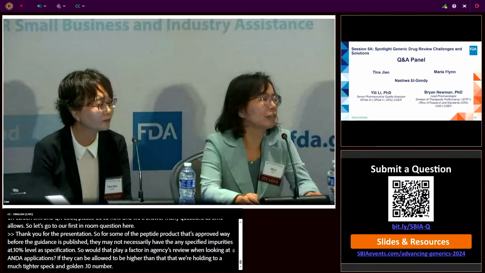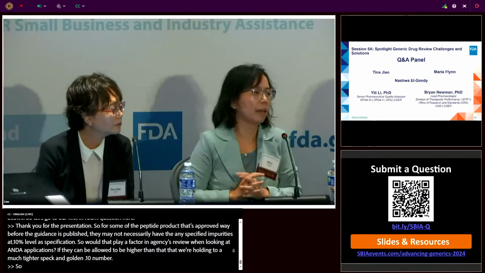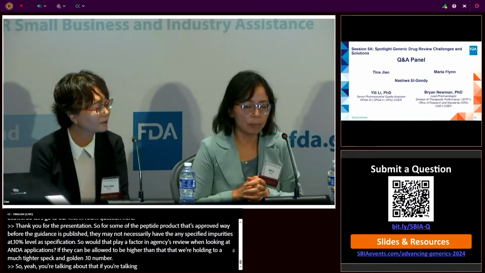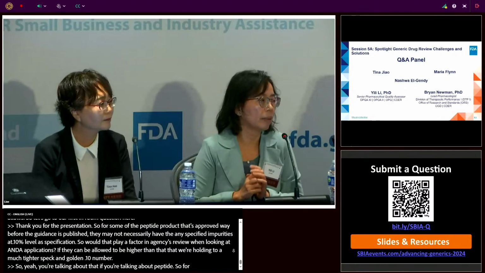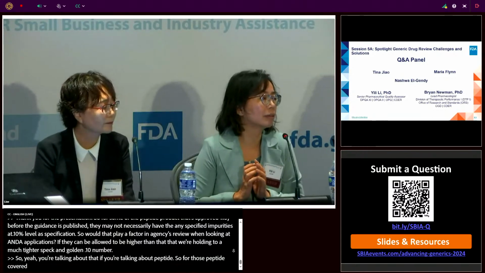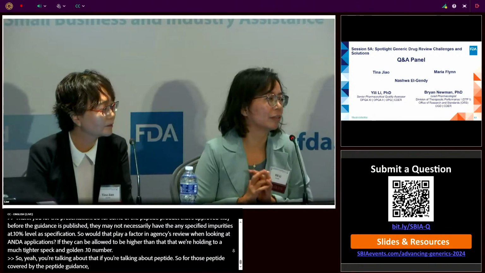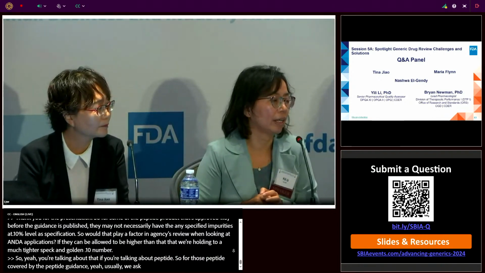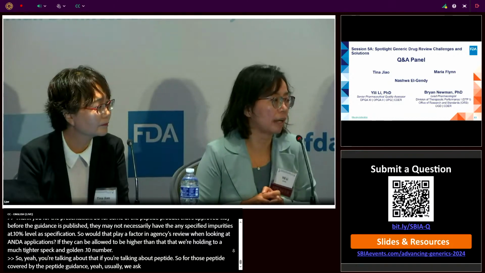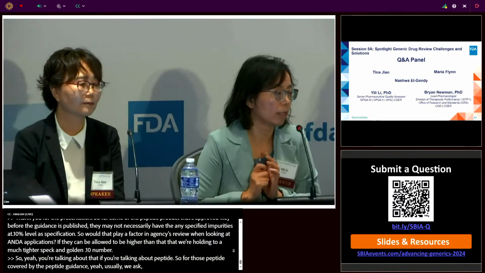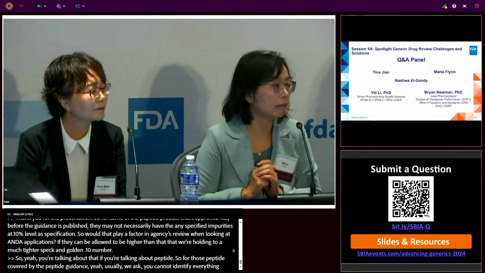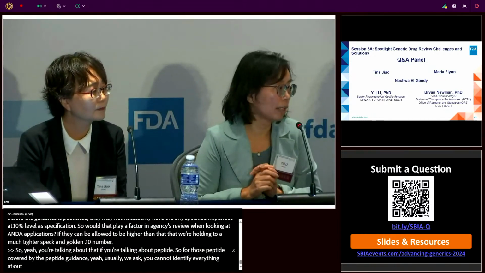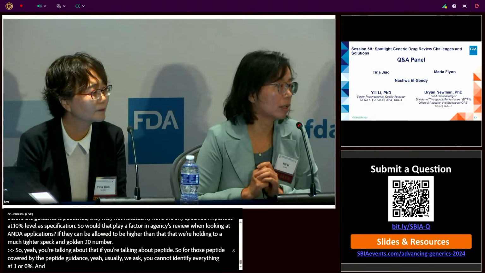So yeah, if you're talking about peptides covered by the peptide guidance, usually we ask you to identify everything at or above 0.10% and identify and control it in the specifications.